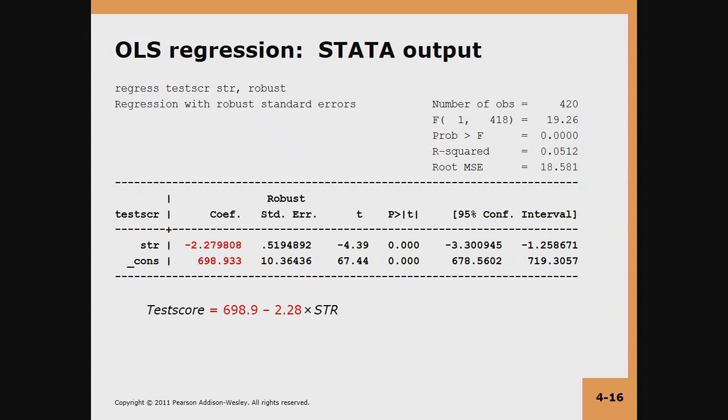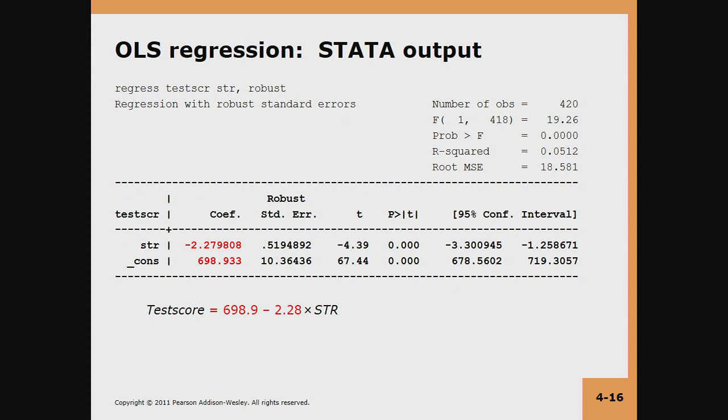Now, if you're doing this in Stata, this is what the output's going to look like. Right here, the code is very simple. You just say regress because you want to do a regression, then the test score and the student-teacher ratio. You don't have to use comma robust, but that uses robust standard errors, which is better to use. It gives you more accurate output.